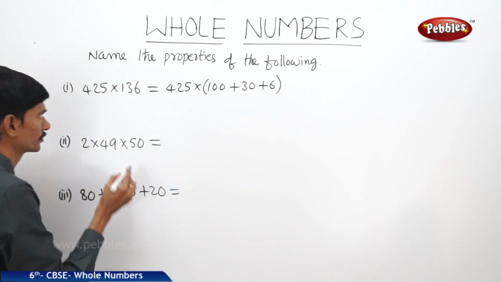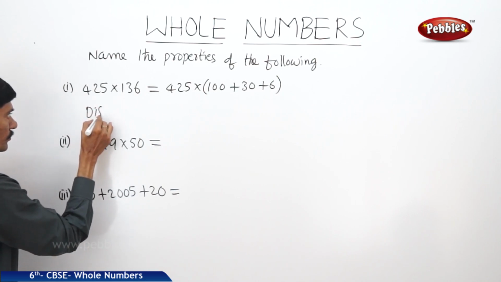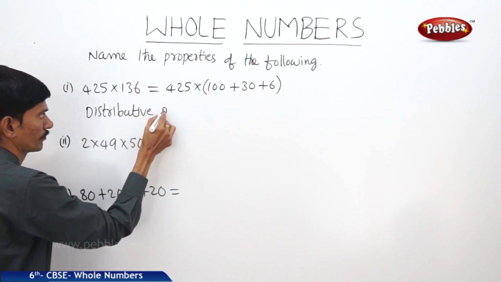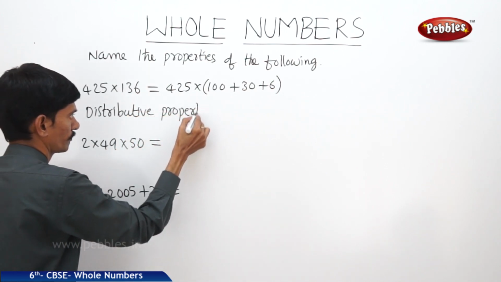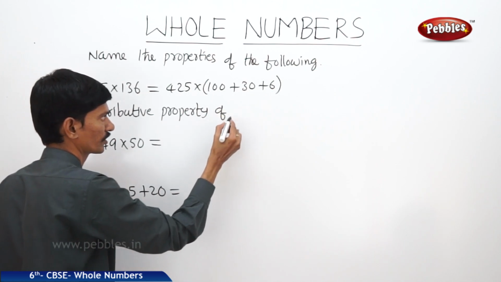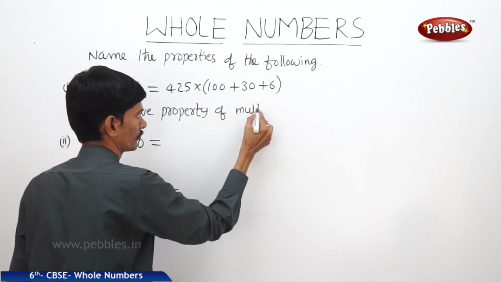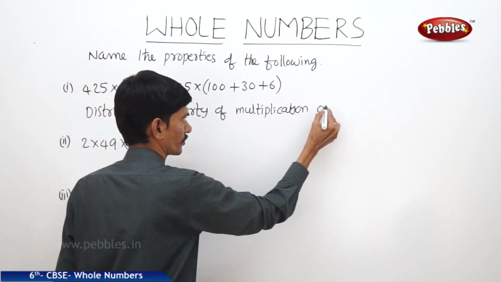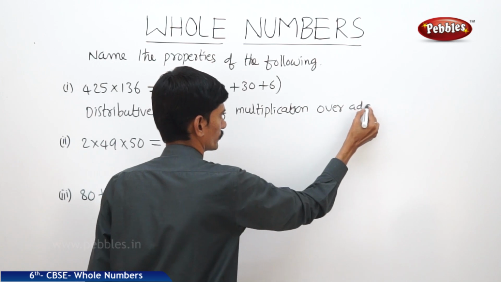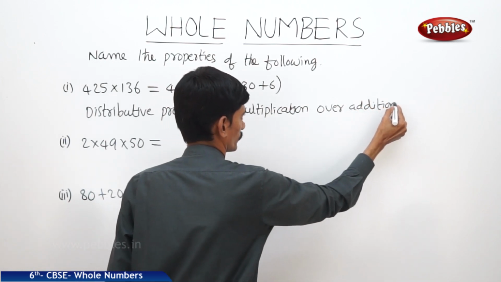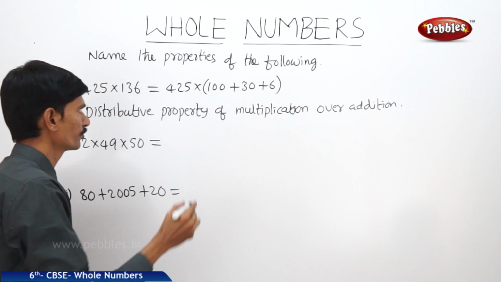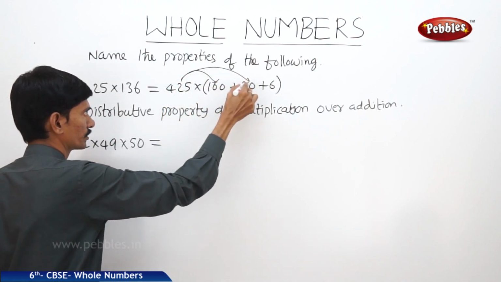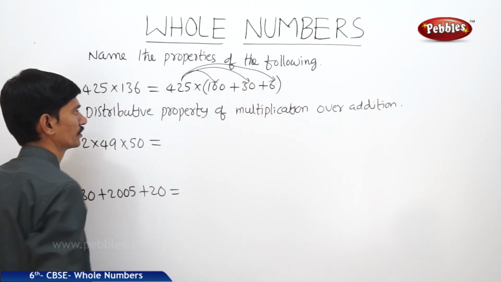Now this is the distributive property of multiplication over addition. Because here 425 should be multiplied by 100, by 30 and also by 6.